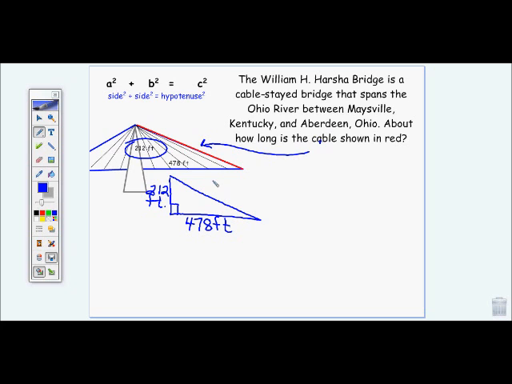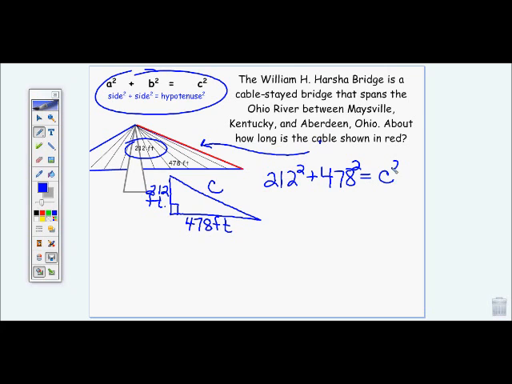And the red cable is making our hypotenuse that we do not know. So we're going to plug that into our A squared plus B squared equals C squared, which is our Pythagorean theorem. So I'm going to do 212 squared plus 478 squared, and that's going to equal my hypotenuse, which is going to be our C squared.